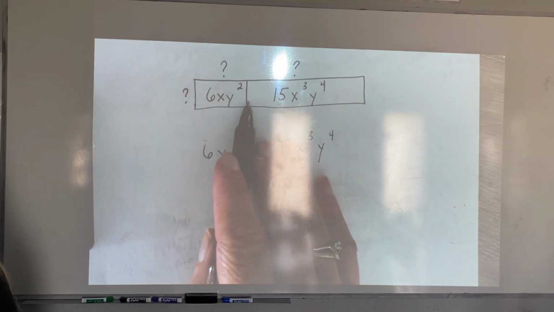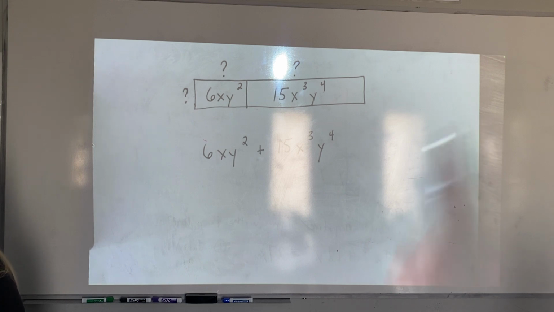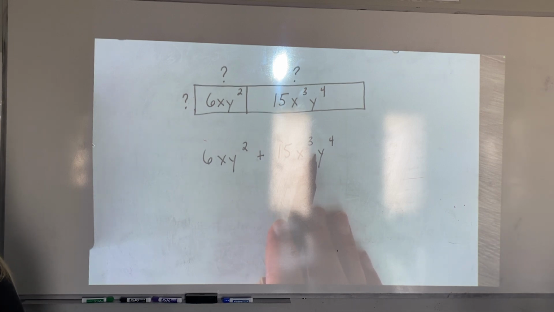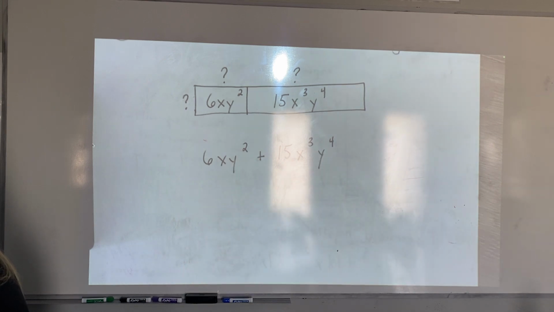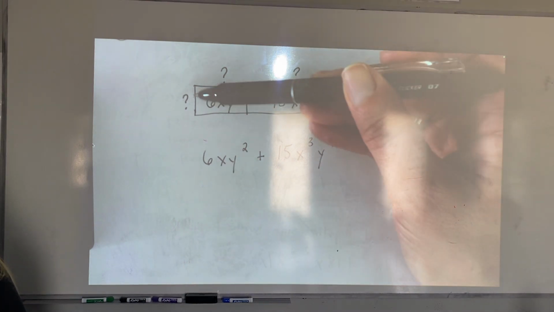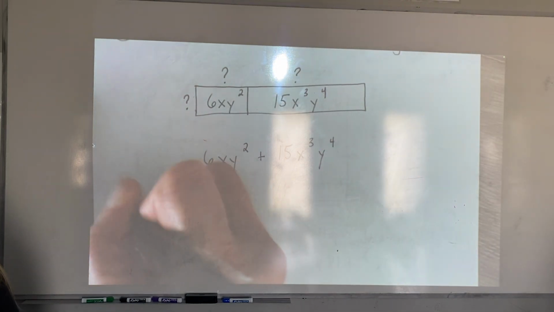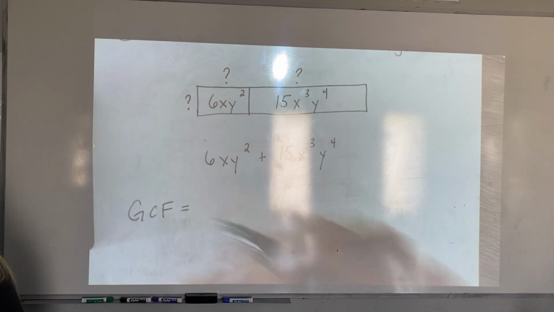It's the same for this. Does that make sense? We need to find the GCF of these, the greatest common factor. That means that it's the same for this and this. Well, what part of the rectangle is the same for this and this? The width.